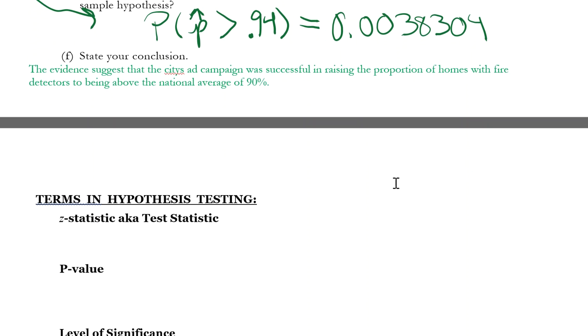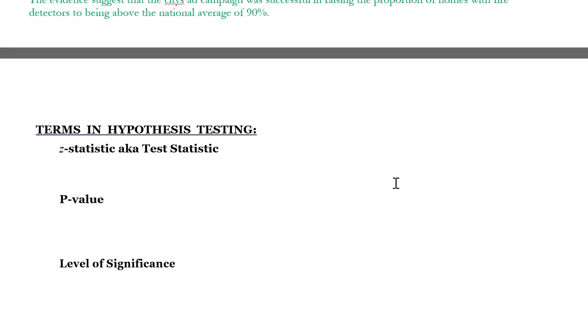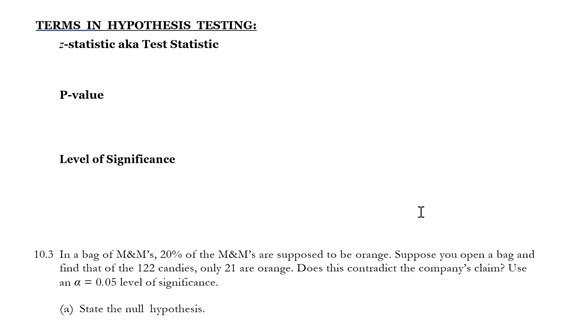Cool. Let's do some definitions, because I did a bunch of stuff and didn't tell you what any of it is. Alright, back to the pen. So Z, or the test statistic, is the Z-score that comes from your sample evidence. It is just a Z-score, based on your null, being that P is some P0 value.